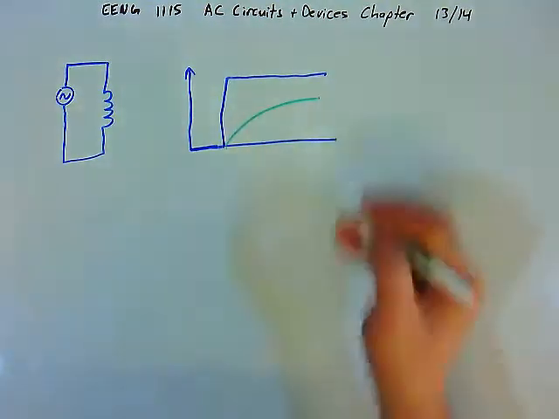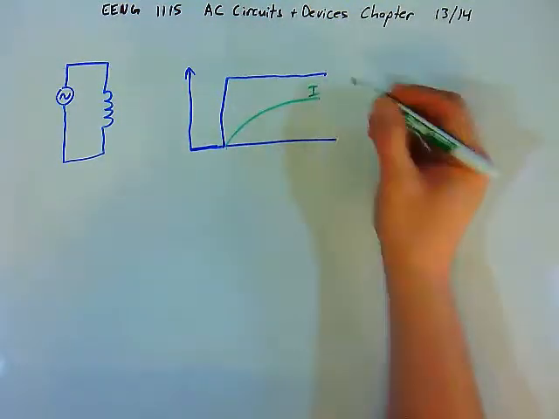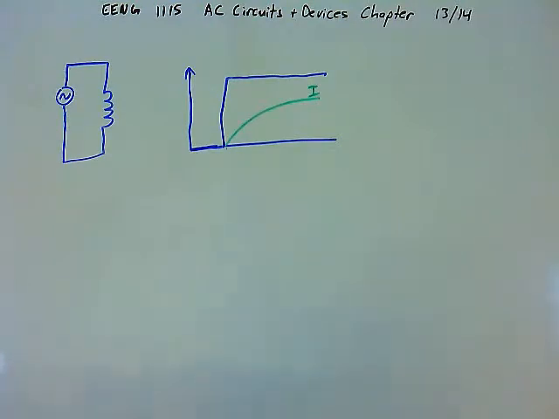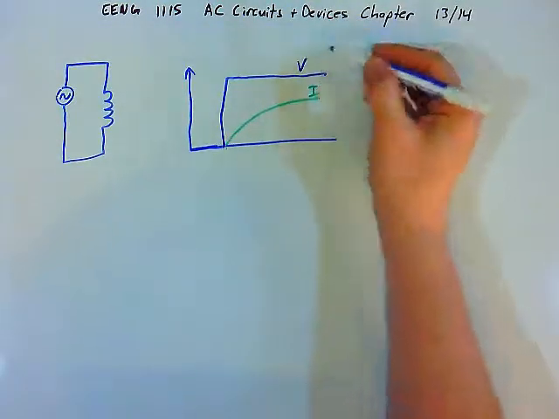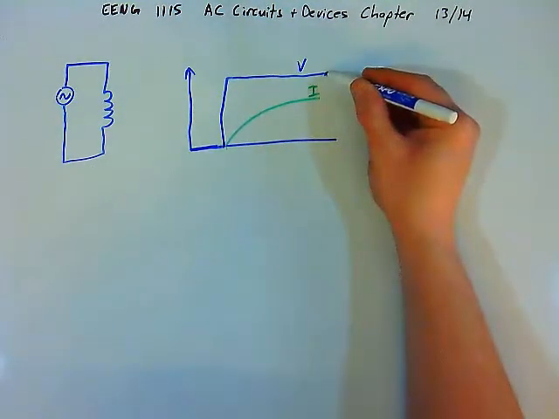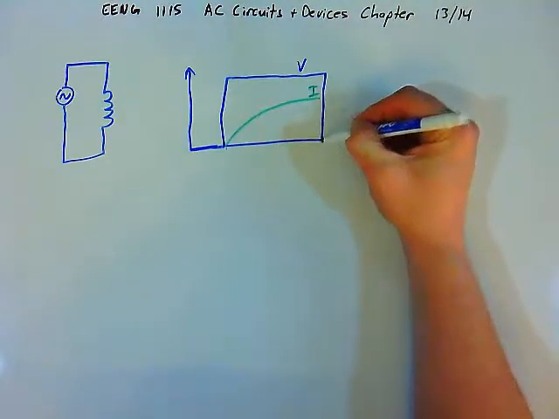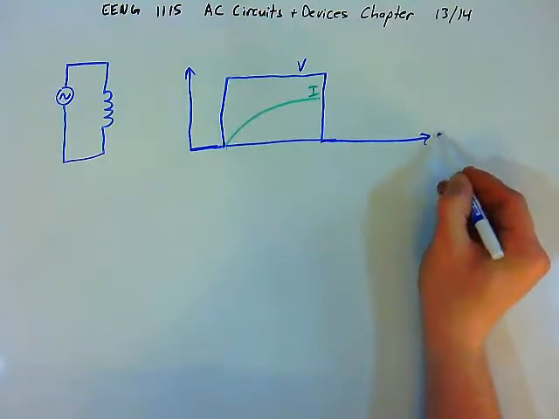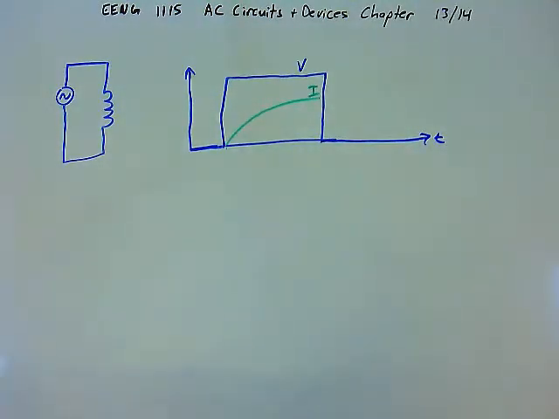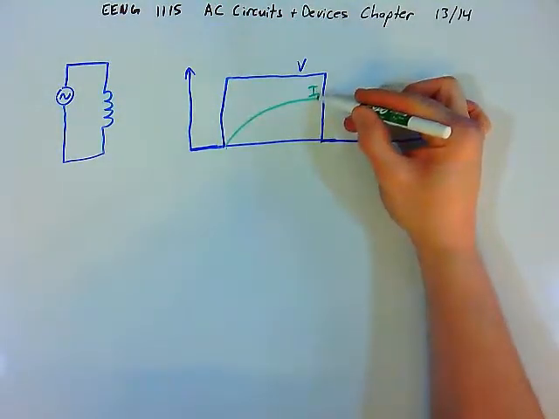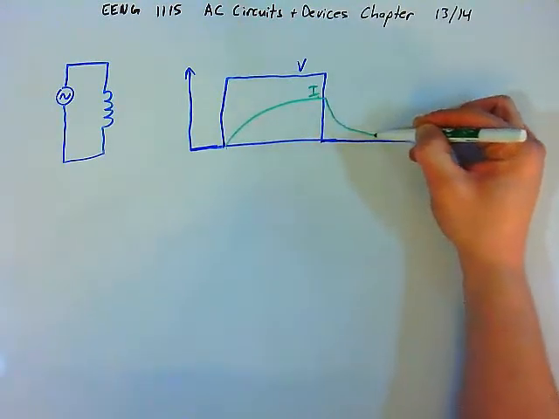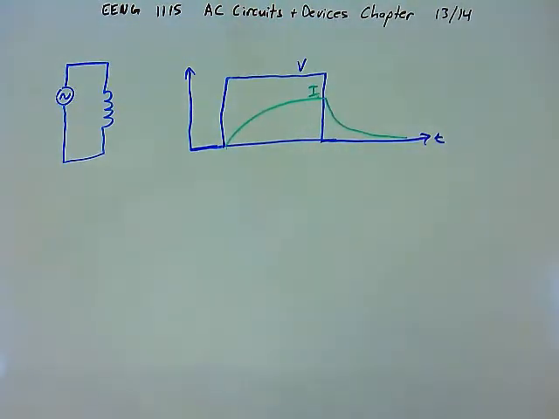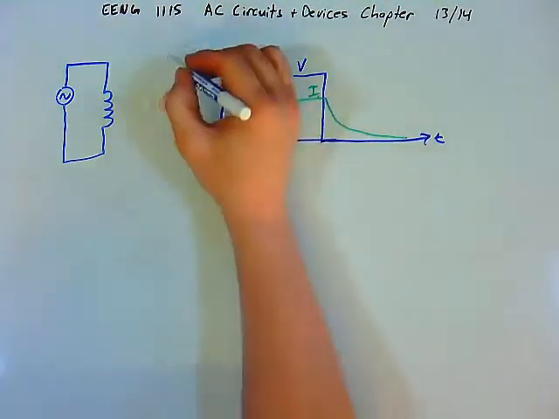And so the green line here represents the amount of current, and the blue line here represents the change in voltage. And then if we were to reopen the switch so that the voltage dropped back down to 0 as time went on, what we saw with the current is that the current fell like this, right? Very rapidly at first, and then a little more slowly as time went on. Now, this is what happened in a DC circuit.